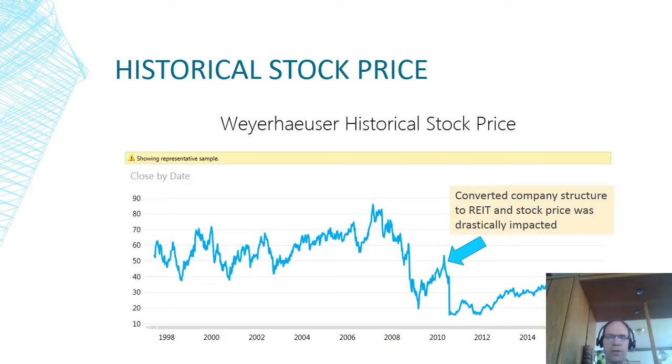And so I found that if I included this whole set of data in my Monte Carlo simulation, I was seeing some pretty wild forecasts for stock prices in the future. So I determined that I should just focus on the historic stock price data after the REIT conversion in 2010. And so that's what I did.